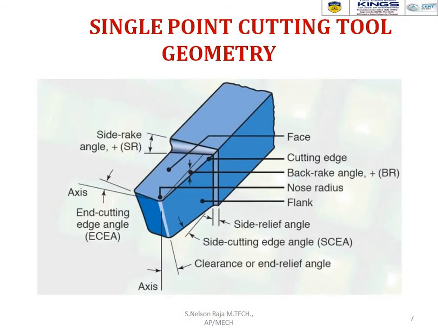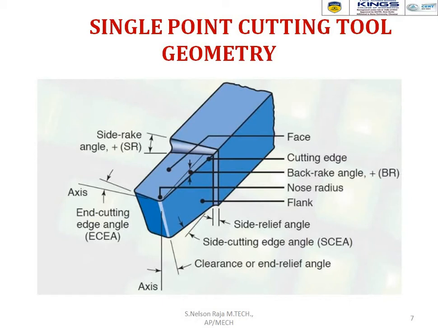And single point cutting tool geometry. The diagram clearly shows the systematic layout of a single point cutting tool and the geometrical parameters involved in it. They are the face, cutting edge, back rake angle, nose radius, flank, side relief angle, side cutting edge angle, clearance or end relief angle, axis, end cutting edge angle, and side rake angle.